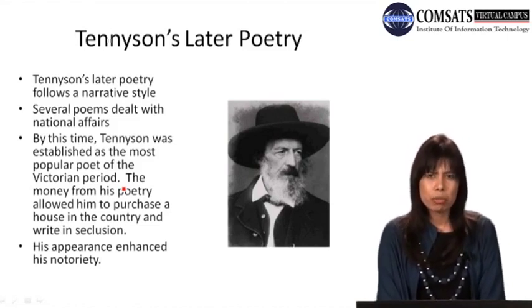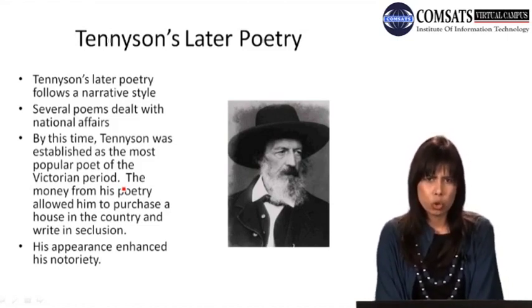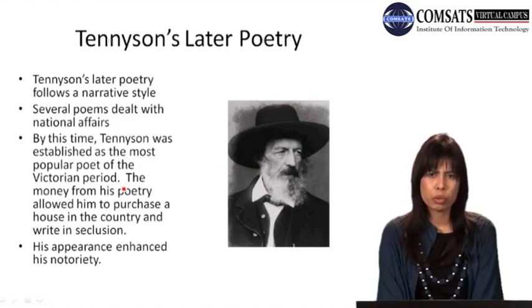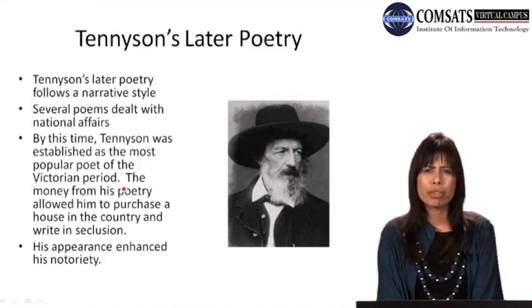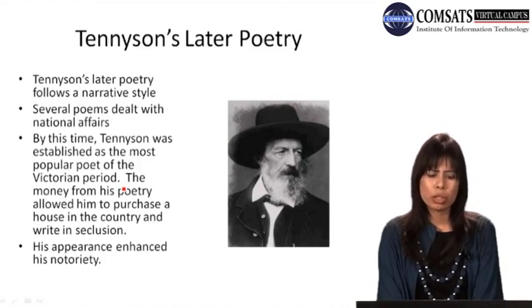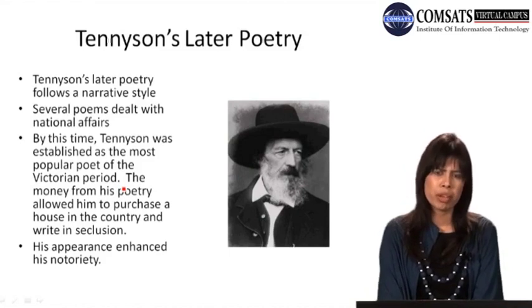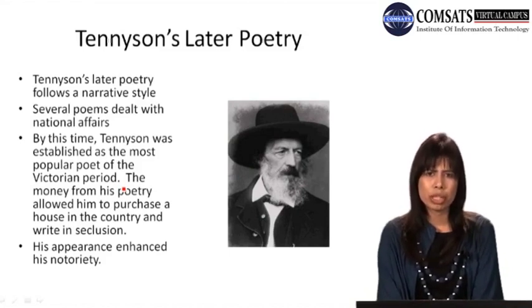My dear students, he bought a new home for himself where he could write in privacy, and his appearance enhanced his notoriety. This is according to his experience, like the kind of themes he talked about. His appearance enhanced all those themes as well.